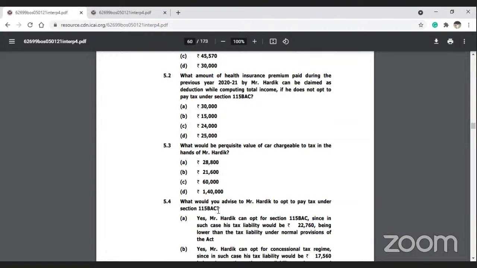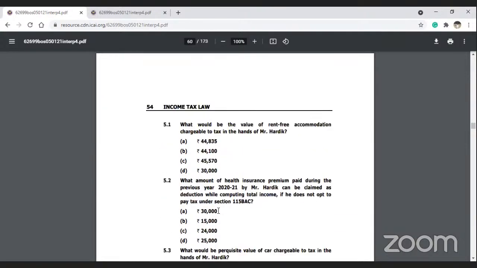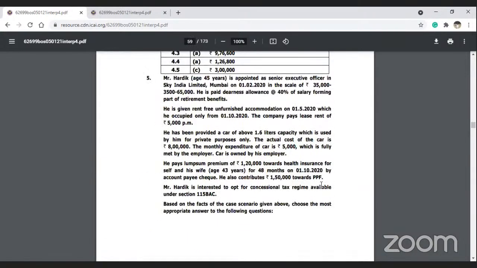I got 30,000. No, it won't be 30,000, because we have to take it from 1st October, so that is only 6 months, 15,000. And since he has paid by account payee cheque, it will be accounted for.